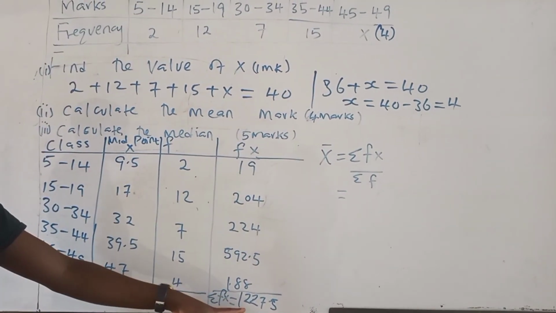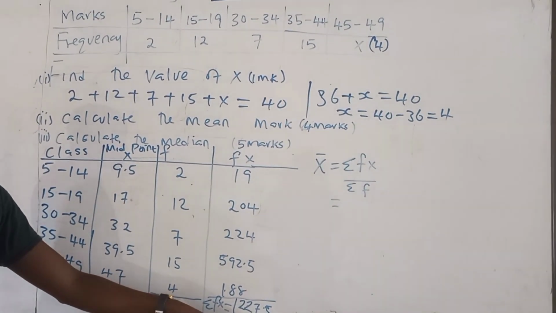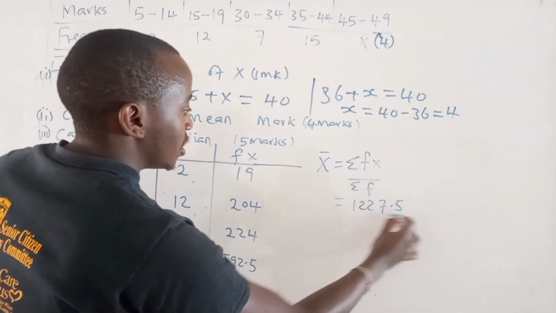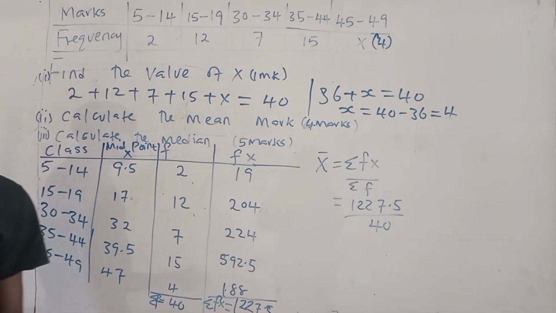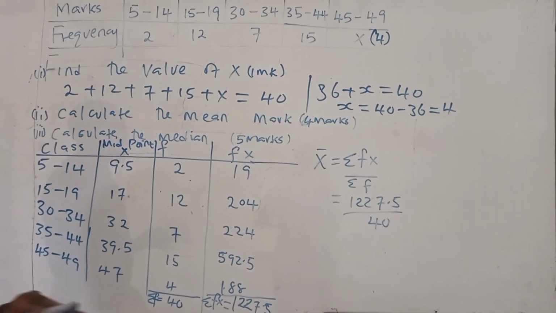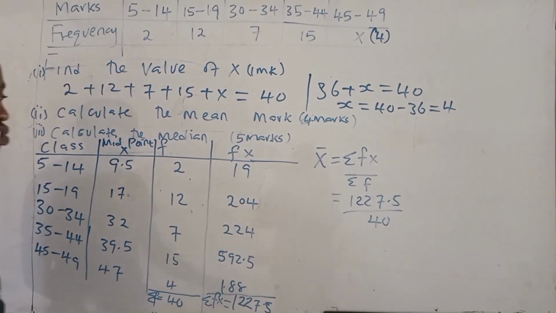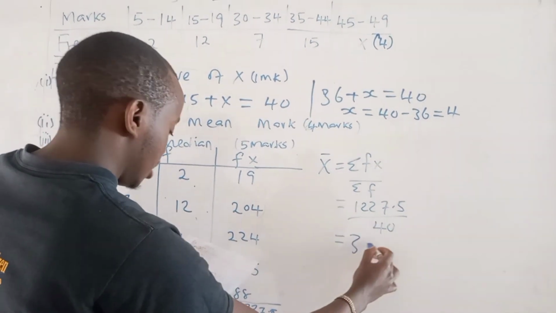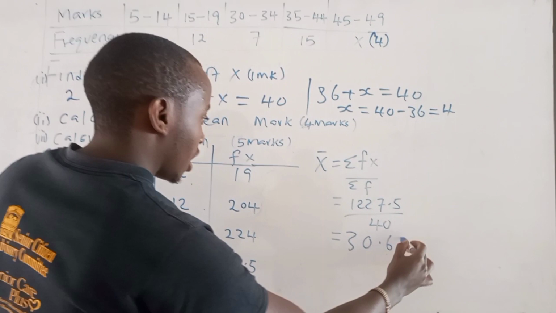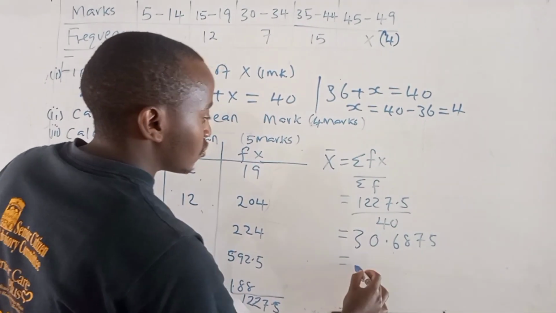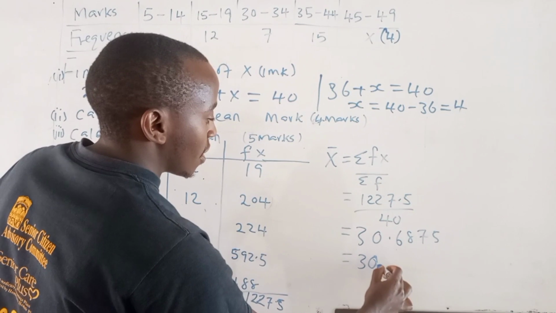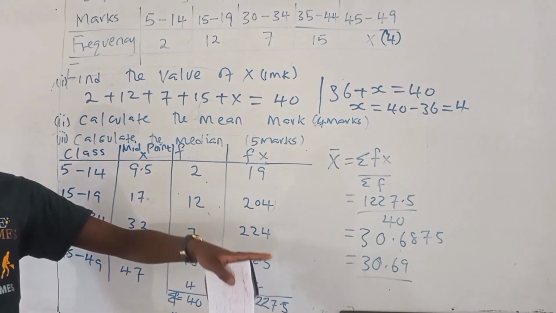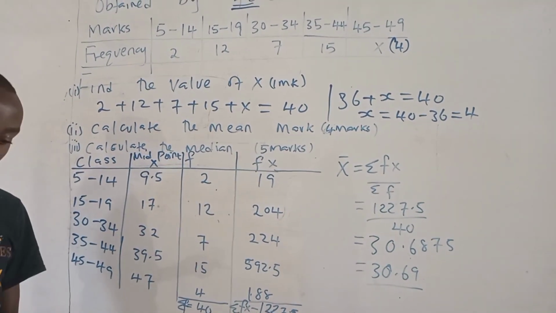So summation of fx is 1227.5 divided by summation of f, which is 40. Dividing that, we get the mean as 30.6875. Giving this to 4 significant figures, you get 30.69. So this is the mean of the marks that were scored in the class.